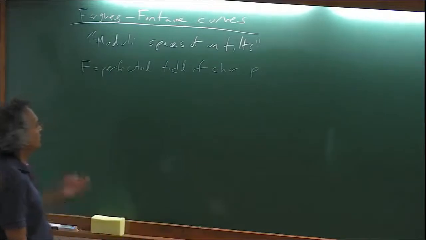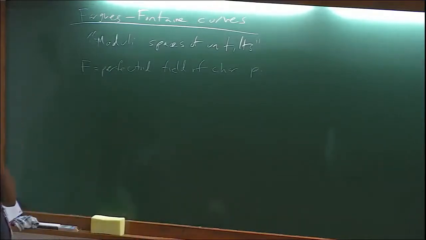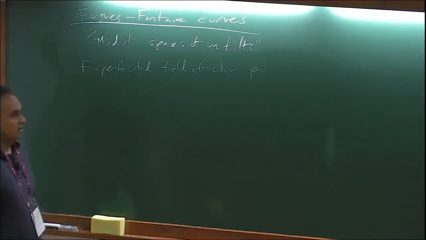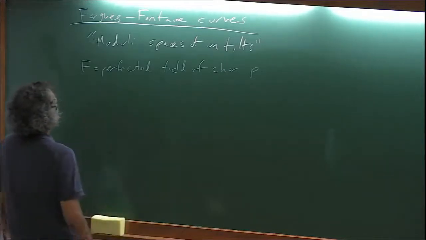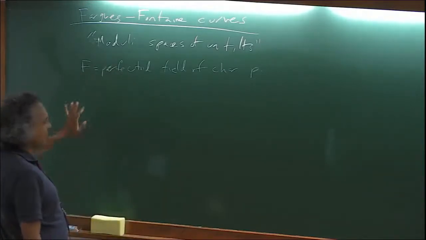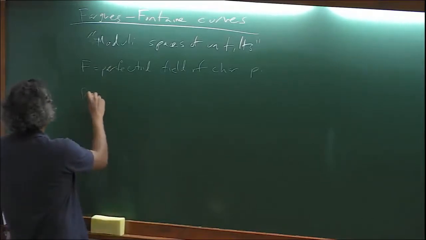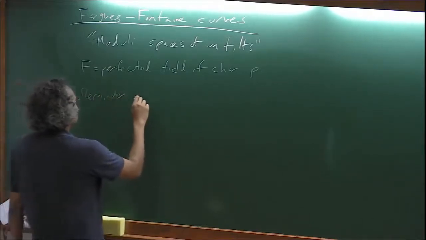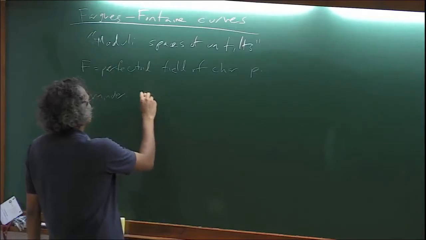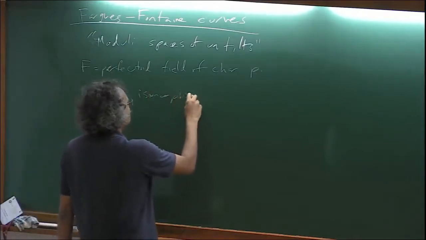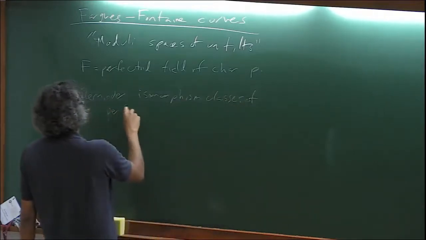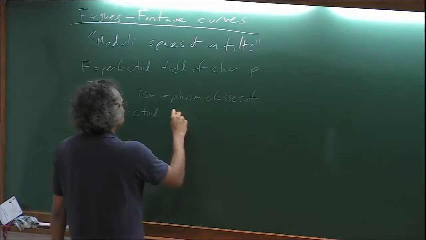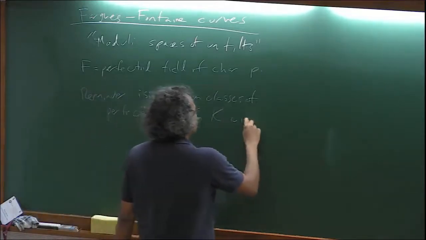So the Fargues-Fontaine curve associated to F is going to be an object that somehow parameterizes the untiltings of F. Well, in order to motivate the definition, let me make a comment about untiltings of F. So, reminder: isomorphism classes of perfectoid fields K, which tilt to F.